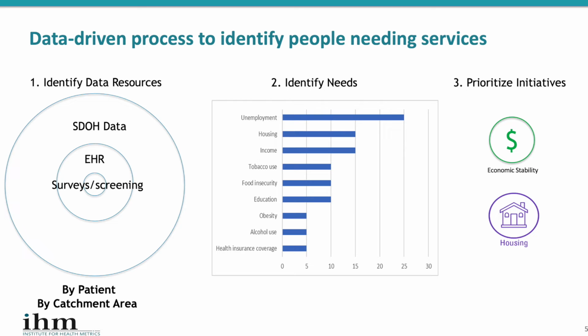You want to identify needs from there, and then you can prioritize what are the needs and prioritize initiatives that you might want to work on. And this is key because nobody can do everything. Resources are not unlimited. So focus is critically important.